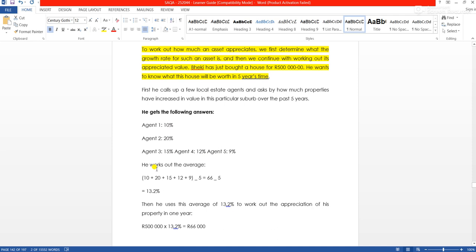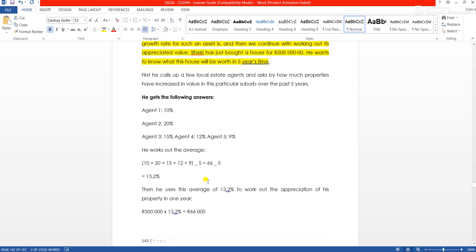When we want to work out an average, remember that we need to add all of these. When you add all these percentages, it will give you 65. And when you divide 65, let's confirm.